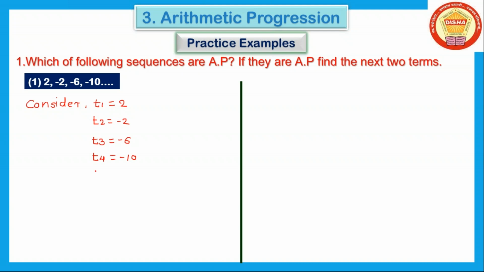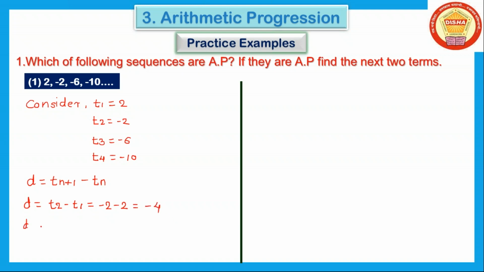To find whether it is an AP or not, we find the common difference D. How do we find the common difference? That is T n plus 1 minus T n. This is the general formula to find the common difference. We find the first common difference from T1 and T2, that is T2 minus T1, which is negative 2 minus 2, equal to negative 4.